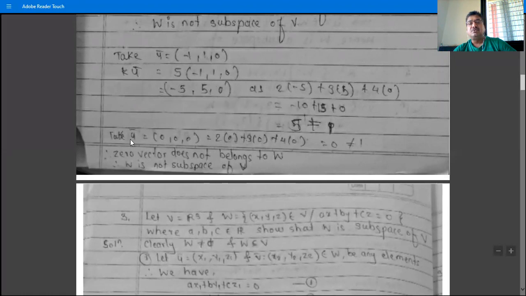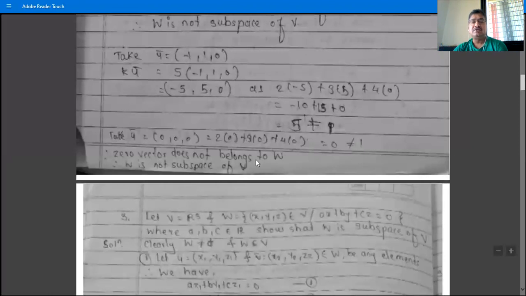Or we can also prove that the zero element does not belong to W. What is the zero element of R3? It is U bar equal to (0, 0, 0). And what is the condition? 2 into 0 plus 3 into 0 plus 4 into 0 is 0, which is not equal to 1.